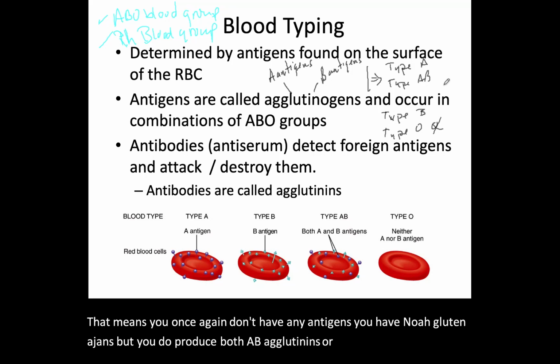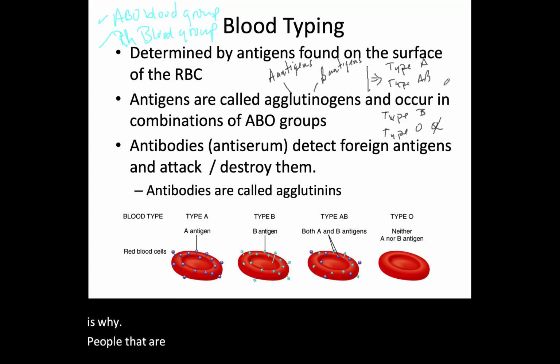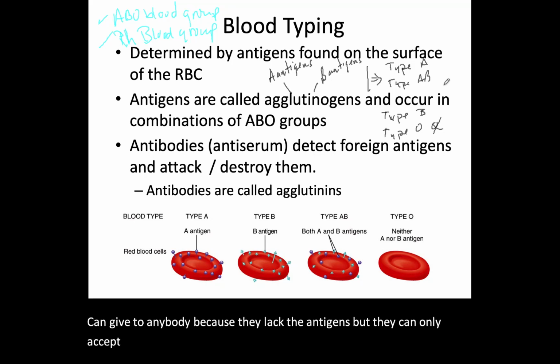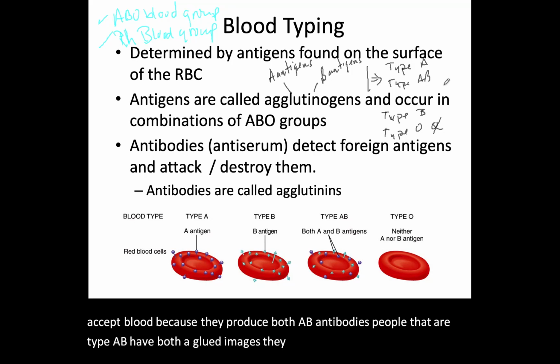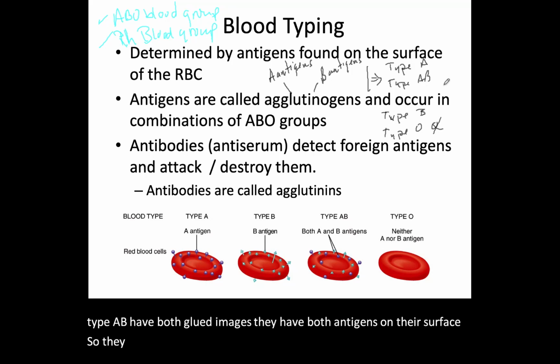And so this is why people that are type O can give to anybody because they lack the antigens, but they can only accept O blood because they produce both A and B antibodies. People that are type AB have both agglutinogens, they have both antigens on their surface, so they don't produce any antibodies, so they can accept from anybody.